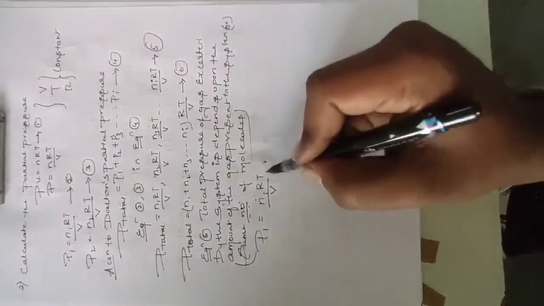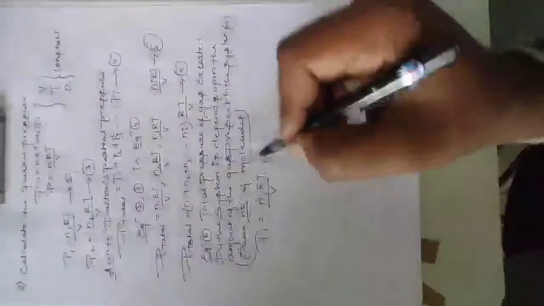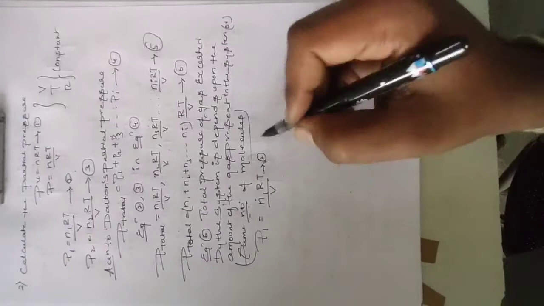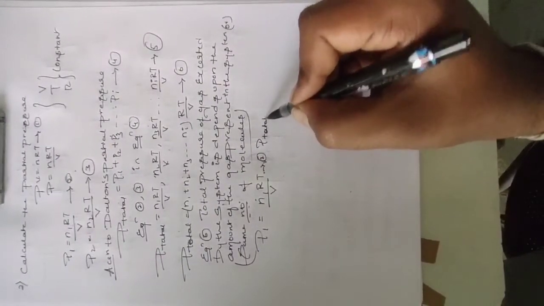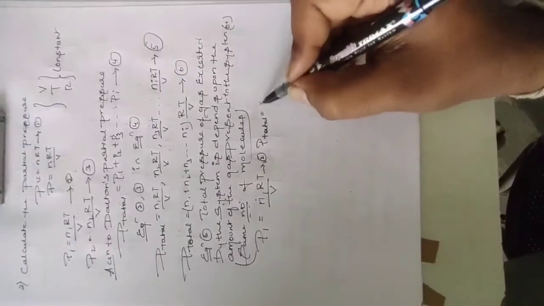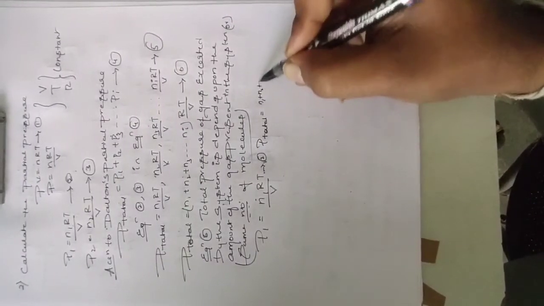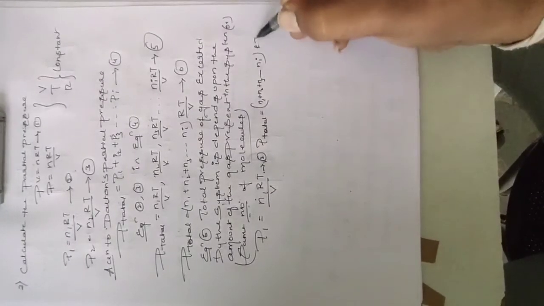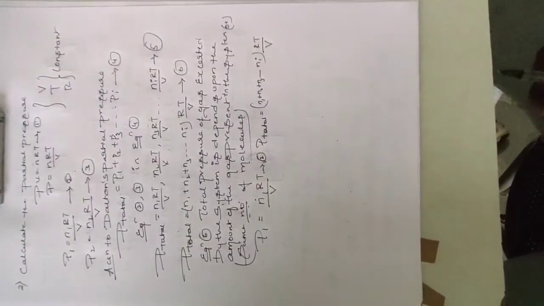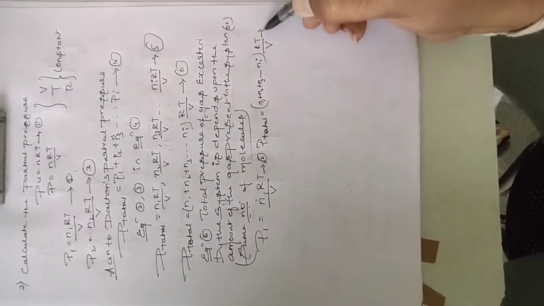Again I am writing P total equals N1 plus N2 plus N3 and so on Ni, times RT by V. This is equation number 6, already written.